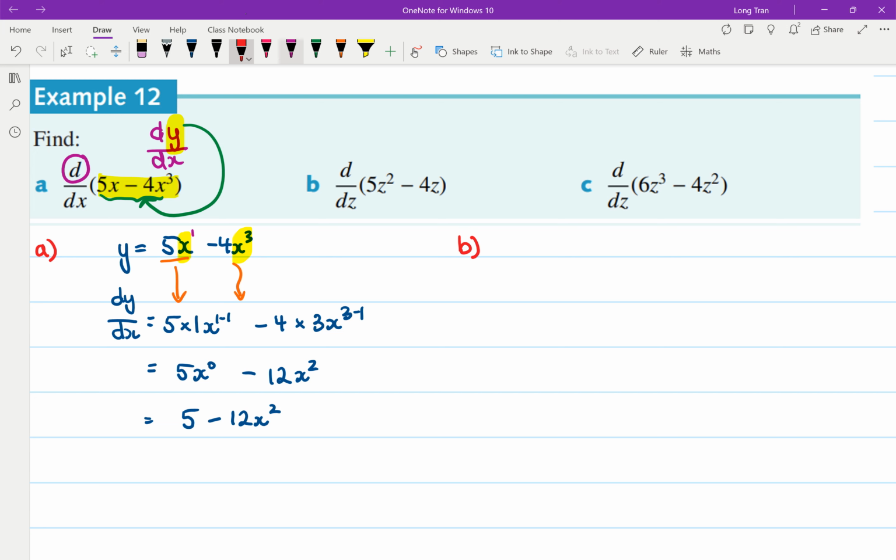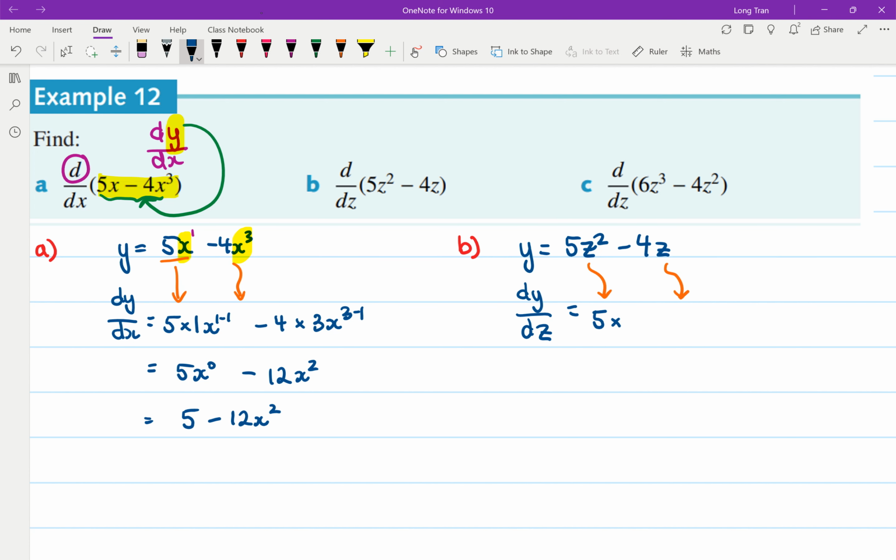And so again, they're essentially saying y is equal to 5z squared minus 4z. And they're asking you to find delta y delta z. And so this is like saying finding the derivative of 5z squared and minus 4z. So this again, 5 doesn't change.